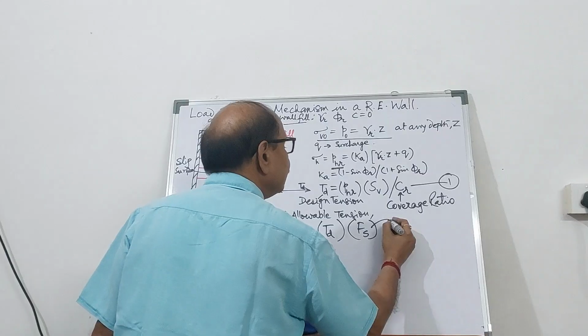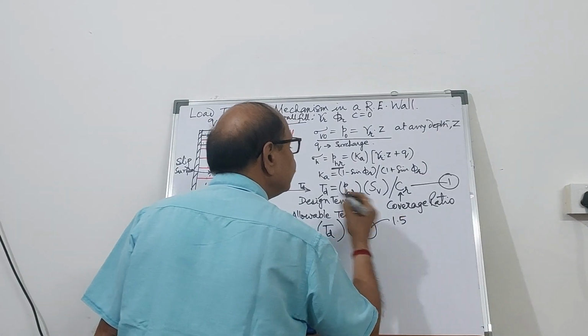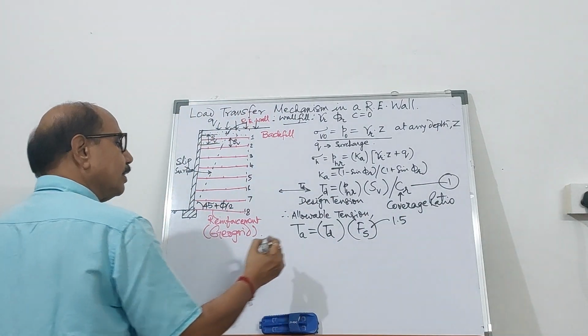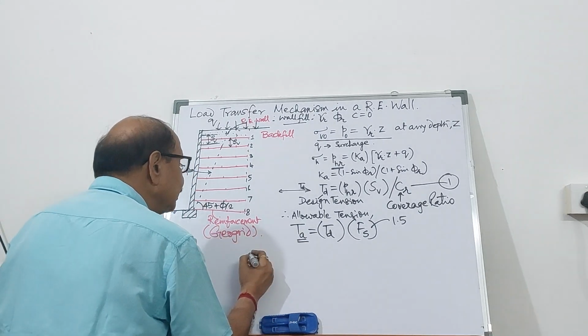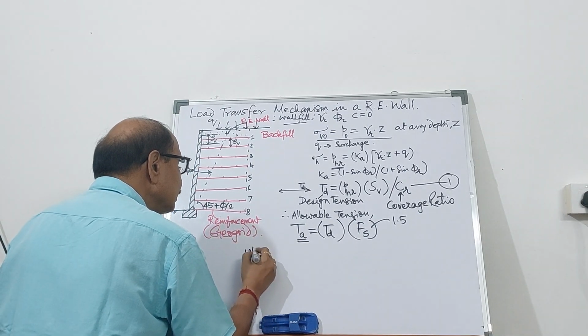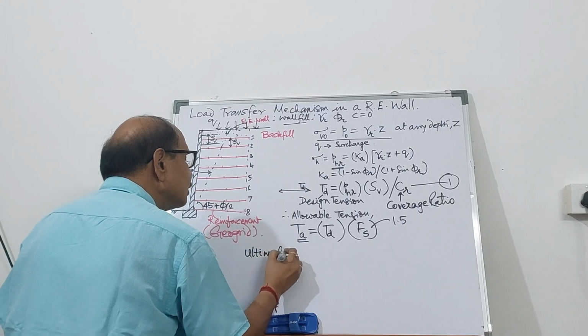This factor of safety, you can take it as 1.5 and find out the allowable tension. So what should be the ultimate tensile strength?